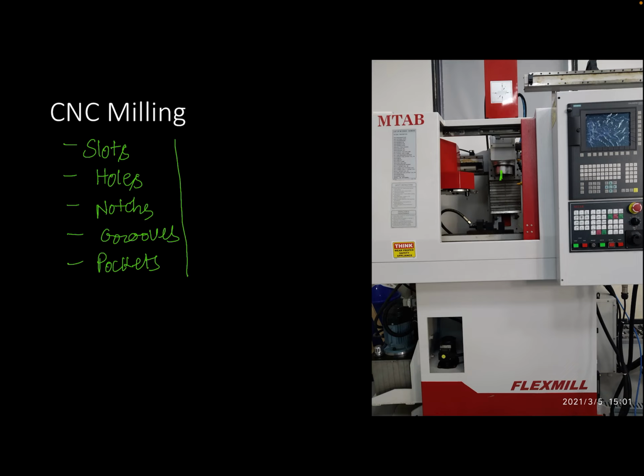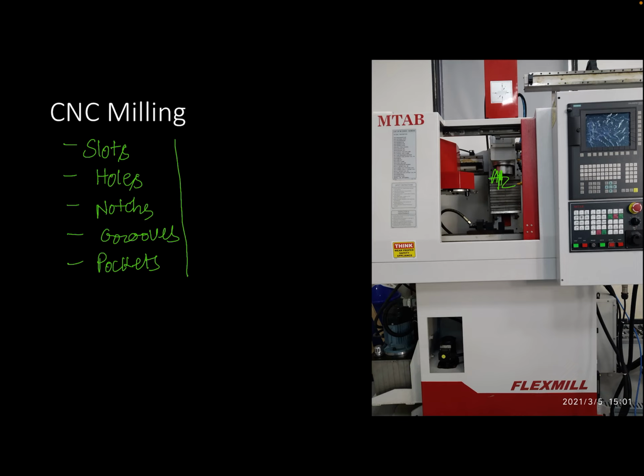When you mount a milling cutter there, it will remove material from the stationary workpiece. The workpiece stays stationary on the work table. That work table will move in the X and Y directions, while the head will move in the Z direction. So that is the CNC milling machine, which is basically used to create planar objects.